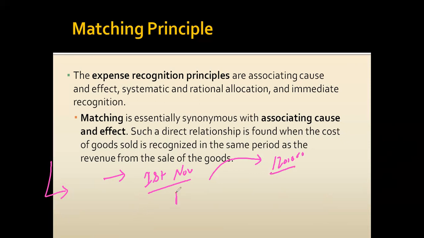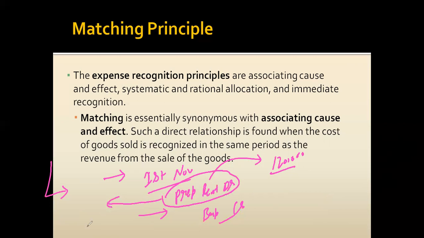So what will be the initial accounting entry? You will say prepaid rent debit and bank credit. This is your first accounting entry. All right. Now you notice that here I recorded it as an asset because it is an unutilized amount.